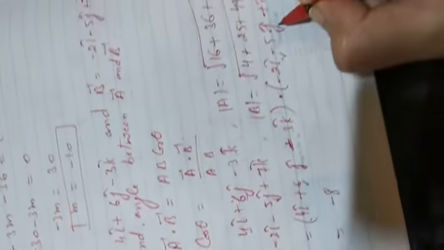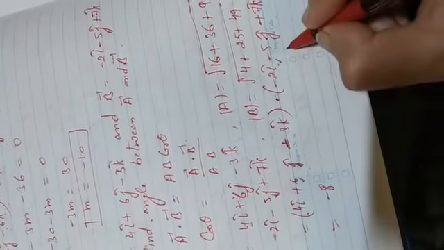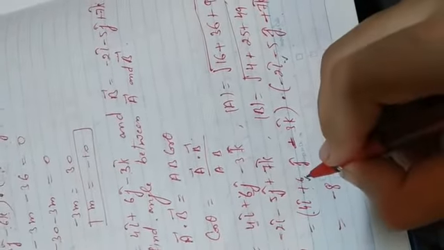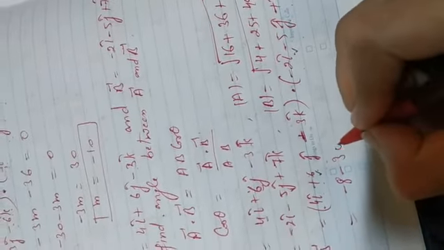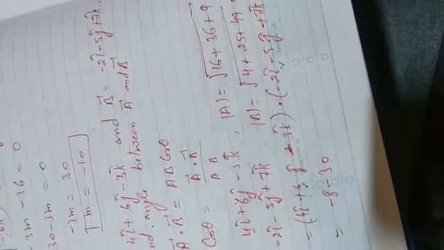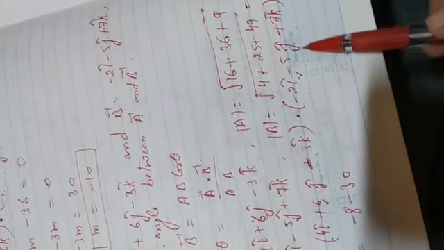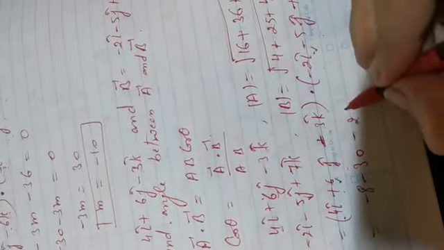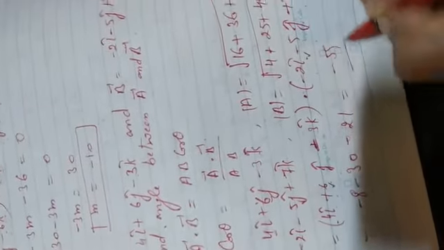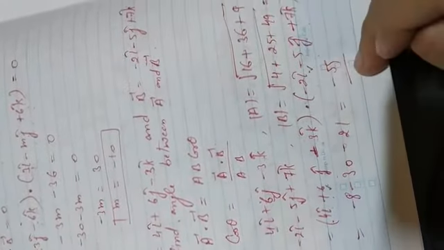I dot j 0, I dot k 0, j dot I 0, j dot j 1, so plus 6 times minus 5, that will be minus 30. Clear? j dot k will be 0, k dot I 0, k dot j 0, k dot k 1, so multiply this one, minus 3 times 7, minus 21, that will be minus 59. Clear? Both terms came, the magnitudes as well as this.